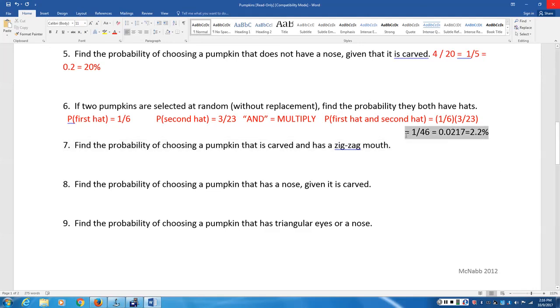So there's other ways you can write your answer, but my preferred way would actually be that percentage.